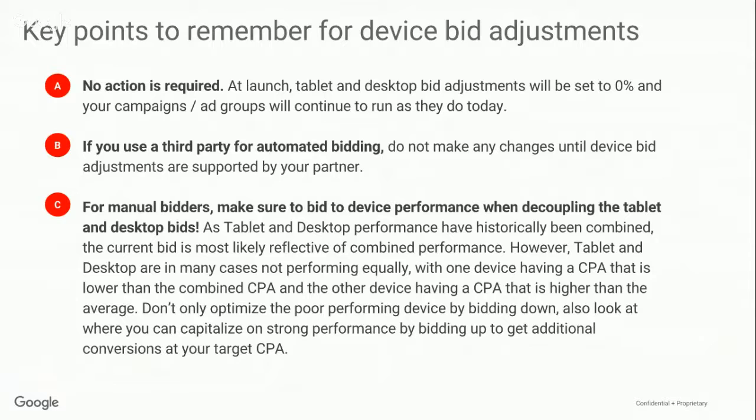Third, for manual bidders, make sure to bid the device performance when decoupling or changing up your device bids for tablet and desktop. As I spoke to in the last two slides, look at your overall campaign CPA, your aggregate CPA, compare that against your device CPA, and depending on which is higher or lower, adjust your device bids accordingly.